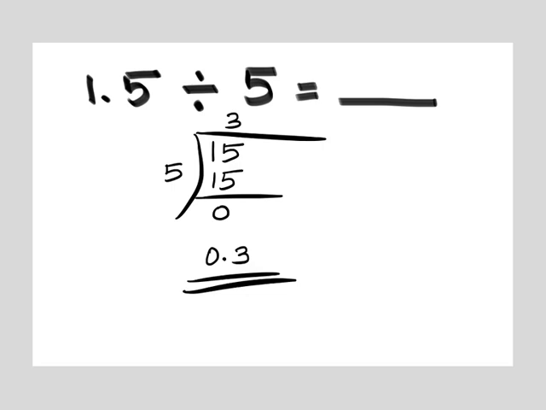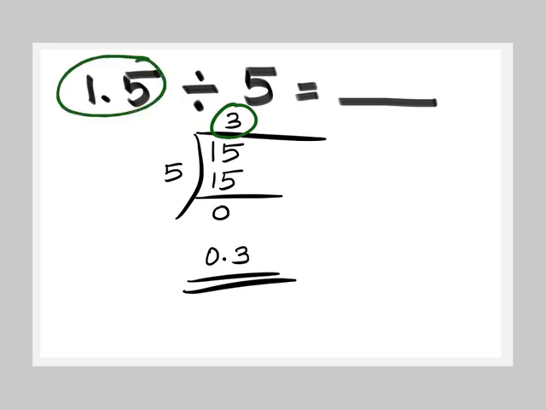Just like we multiplied, even in division, can you see the sign? It's a division sign. You have to simply divide without worrying about the decimal. And after dividing, when you get the answer, you have to check the quotient, right? So when you check the quotient, you have to place the decimal.